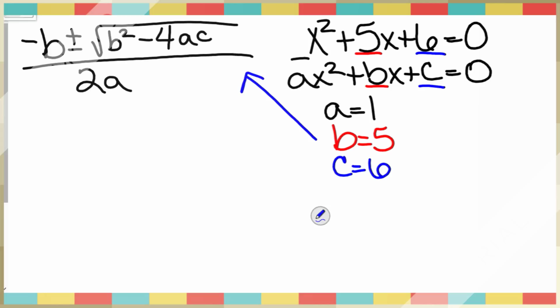Alright, so negative b. You're just going to change the sign of whatever b is. So if it's a positive, it becomes negative. If it's a negative, it becomes positive.